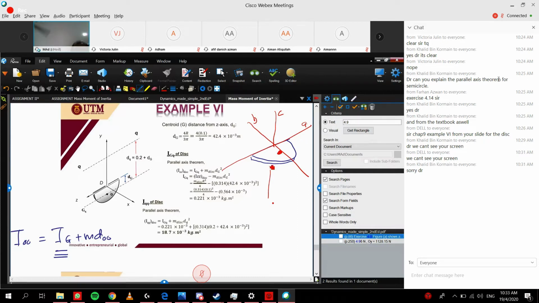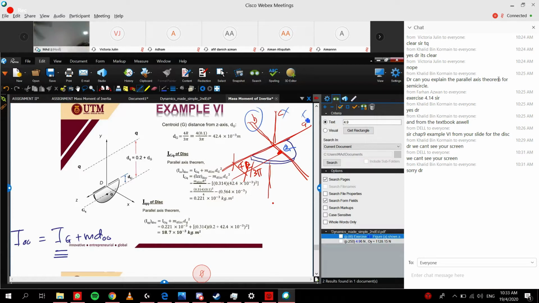The distance is 4r over 3 pi from the base of the disc. From the three axes A, B, and C, the only axis that passes through G is your B axis, because this is your G. The other two axes, C and A, do not pass through G.